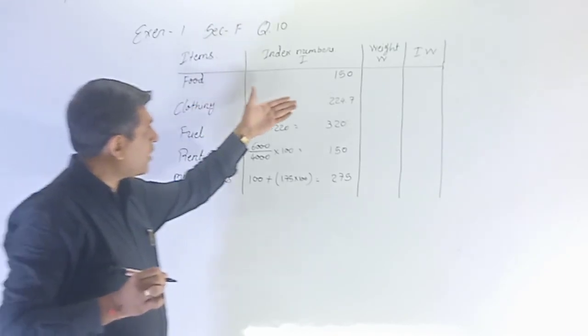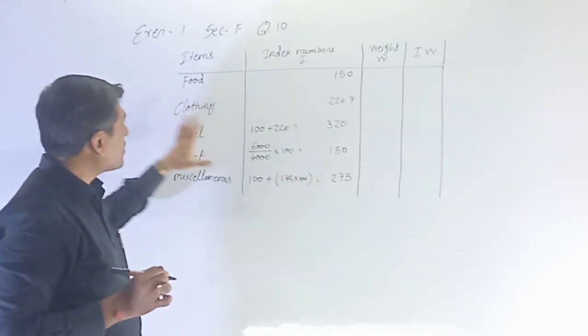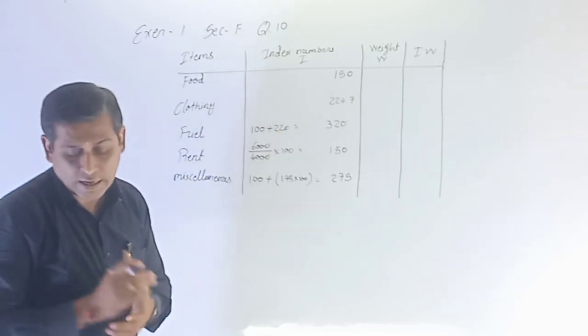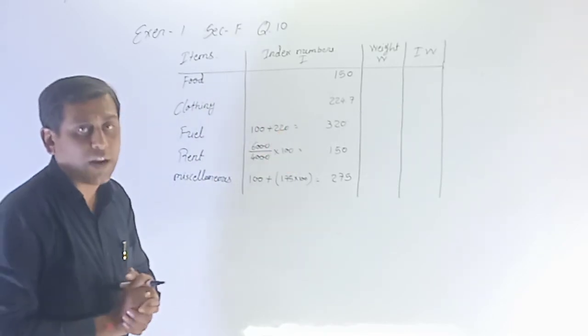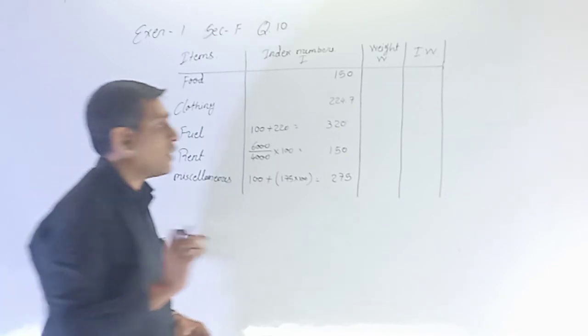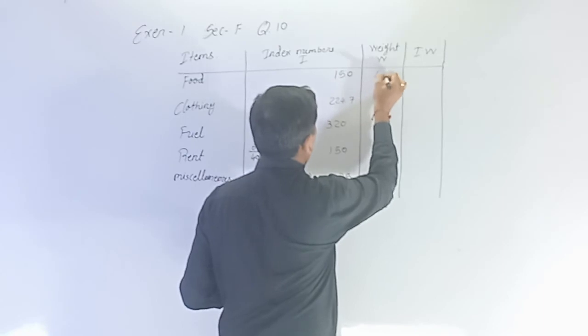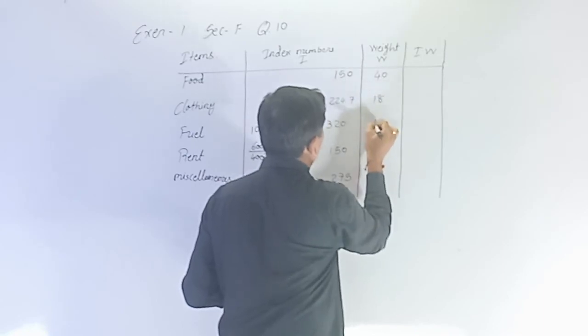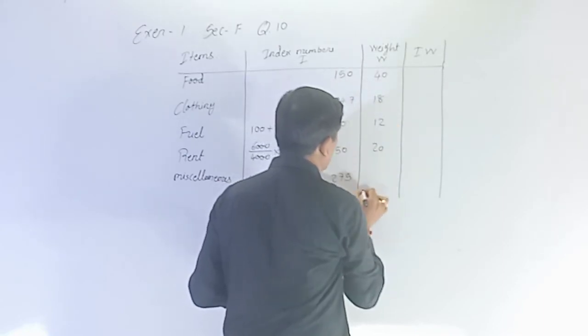See here the index numbers for the different items. Now the weight is given. For the first four items the weights are 40, 18, 12 and 20.